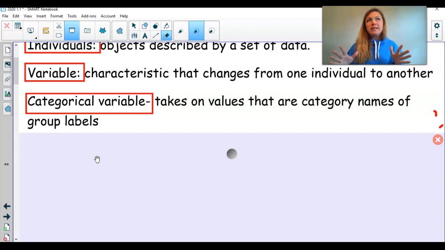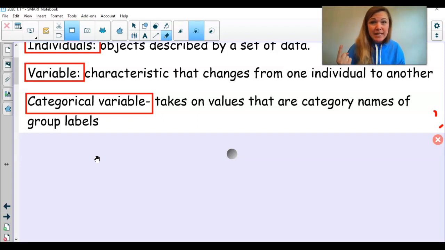What do I mean? Let me break it down maybe simpler for you. A categorical variable, here's some examples you might want to write down. Hair color is categorical. Eye color is categorical. Where you were born. Your race is categorical. Your college that you want to go to is categorical. What is not categorical?